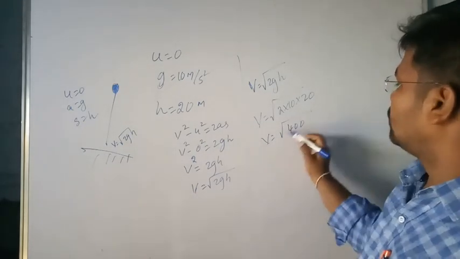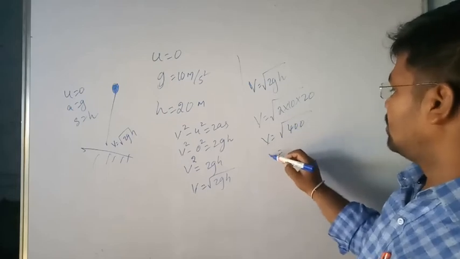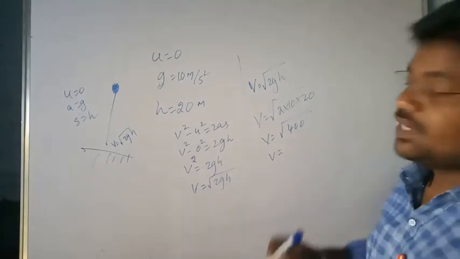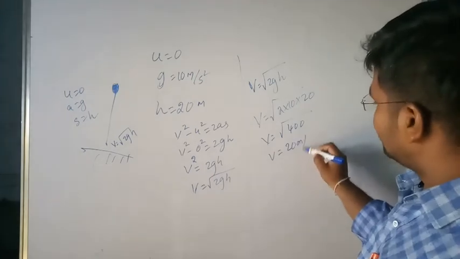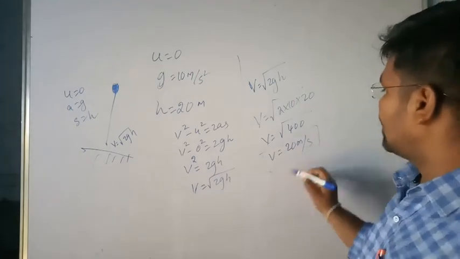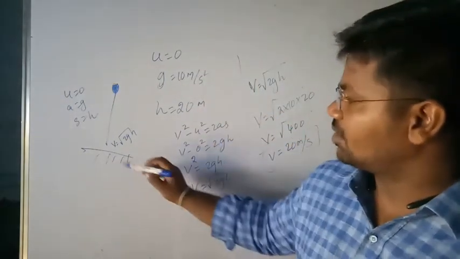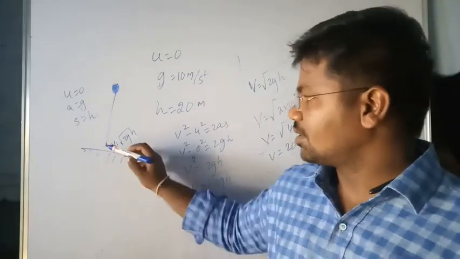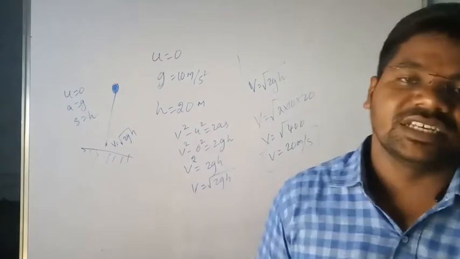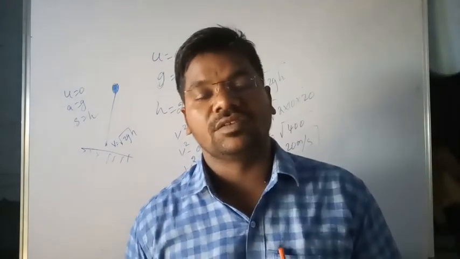Root of 400, v is equal to 20 meter per second. Understand? The final velocity, before hitting the earth's surface, the hitting speed is 20 meter per second.